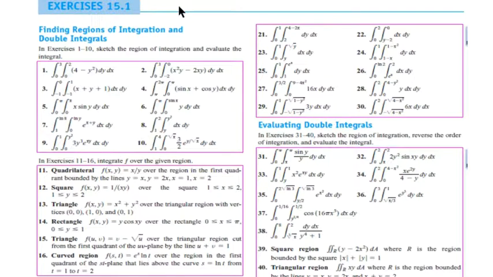Next you have to evaluate double integral after you sketch the region from 31 to 40. Okay, and also you have to reverse the integration. Sometimes without reversing you can integrate, but sometimes it's really difficult, very similar to this one, 31.